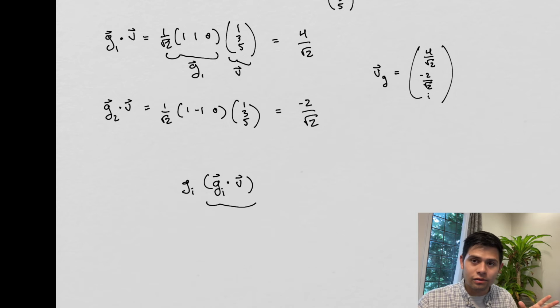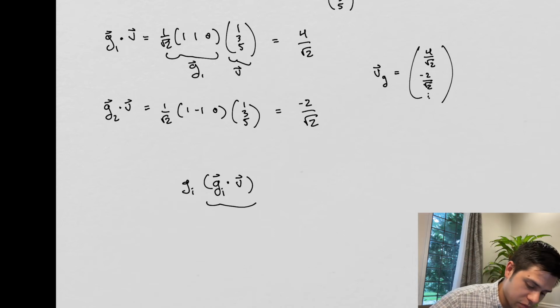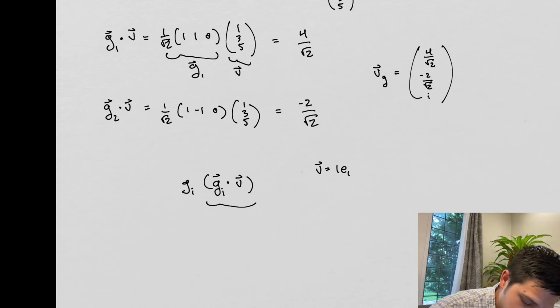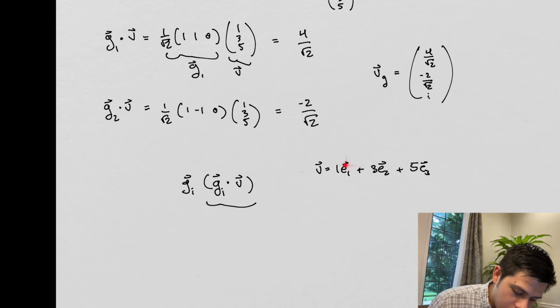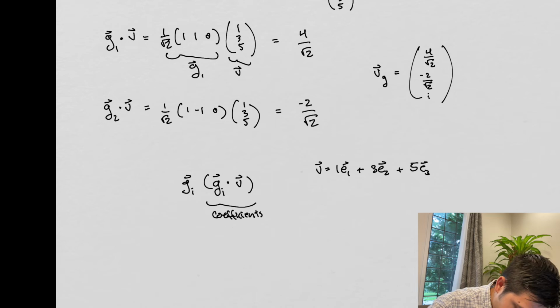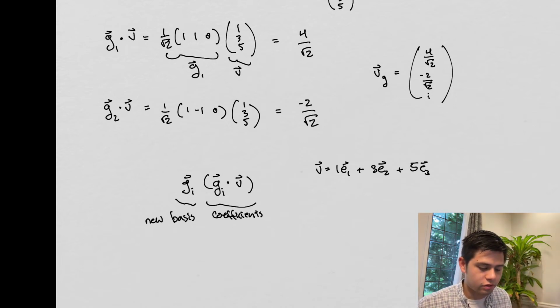And if we want to write the vector out in its entirety, we need to put the basis vector on there as well, because when we write these kinds of things, we said V was equal to 1E1 plus 3E2 plus 5E3. So we need these right here. These coefficients in the G basis were calculated right here. So these are the coefficients, and this is the new basis.